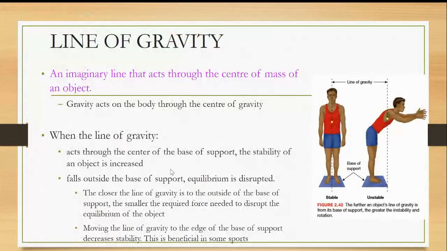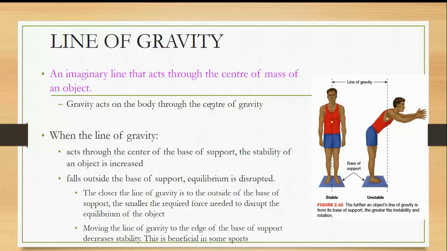Okay, so you can see an example again here. Line of gravity directly above the base of support in the center, right in between each foot. So that person is very stable. They're going to be hard to move. This person, the center of gravity is outside the line of the base of support. And because the line of gravity is outside of the base of support, that means this person is going to be much more unstable.